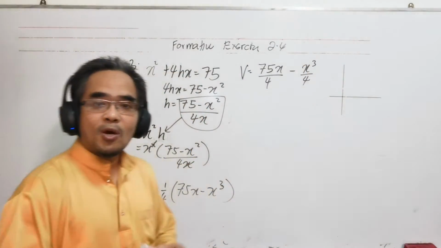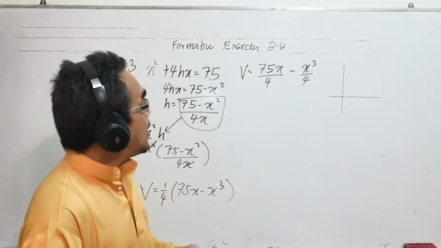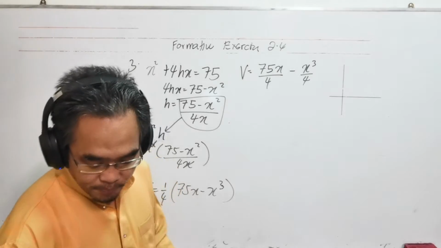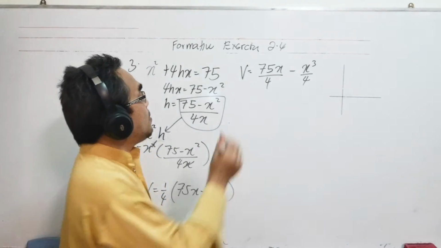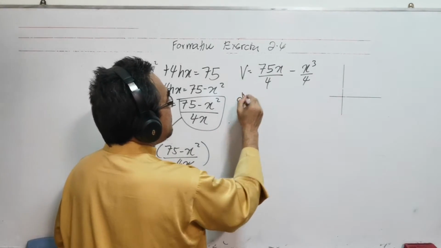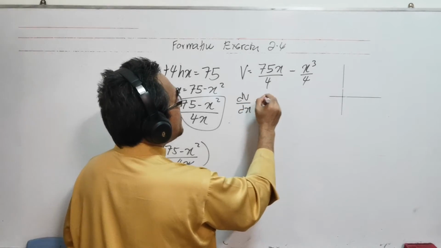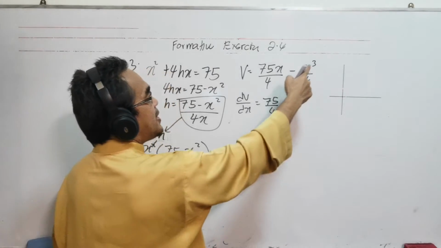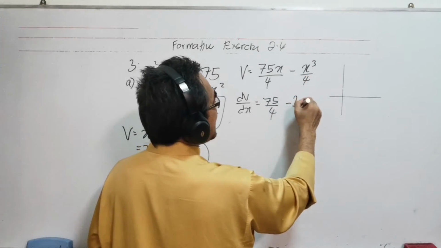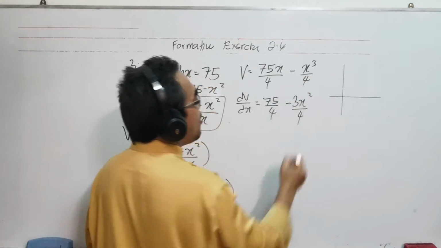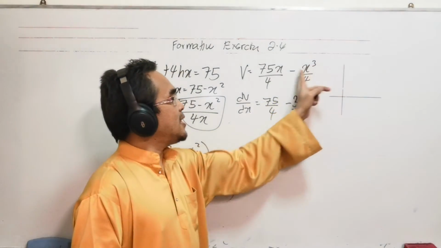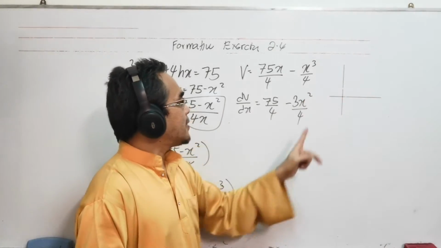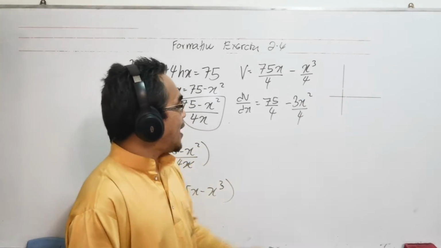Why do I do that? Because it's easier for us to do the differentiation. So find the differentiation: dV over dx will be 75/4, and then this one, minus 3x squared over 4. You bring the 3 in front of the x, and then the power minus 1, so you still have over 4 there.